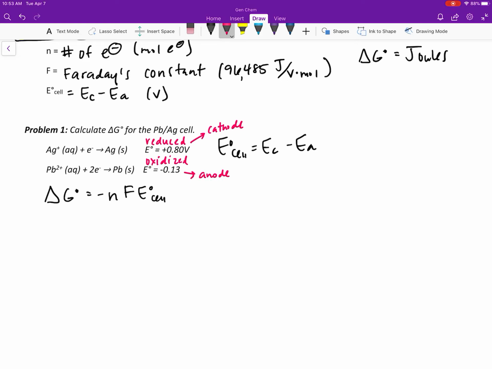So in our galvanic cell image, the anode was the left side cell, whereas the cathode is the right side cell. Okay, so I have the values that I need because I've assigned them, and we are going to calculate E cell naught off here to the side.